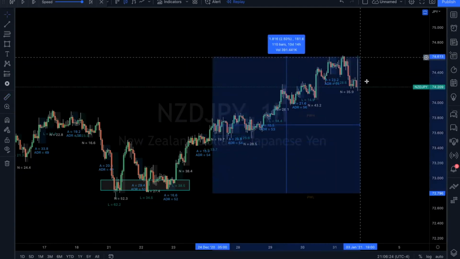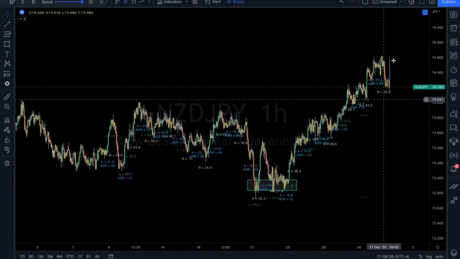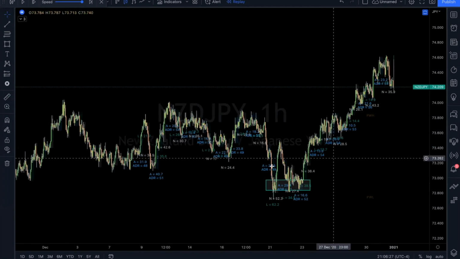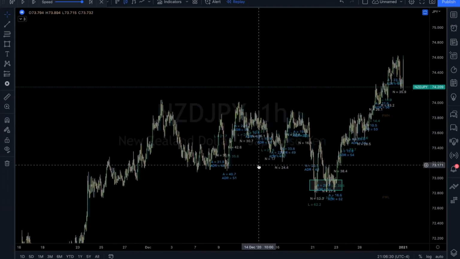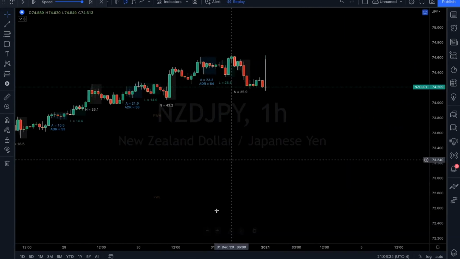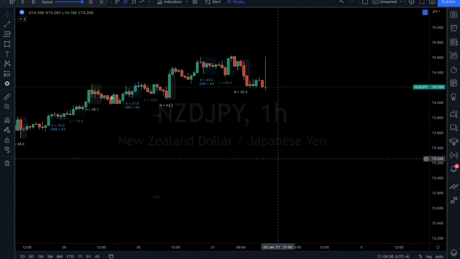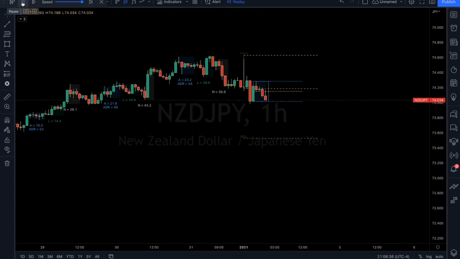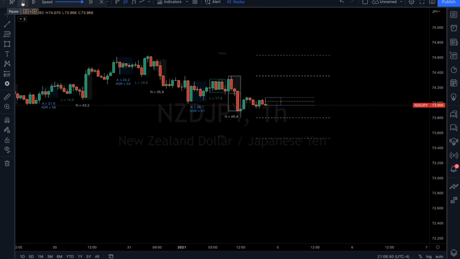Theoretically speaking, we're already over 3 times ADR on this one, so very likely that we can get a cycle here. Let's play this out so we can get a new cycle at least.